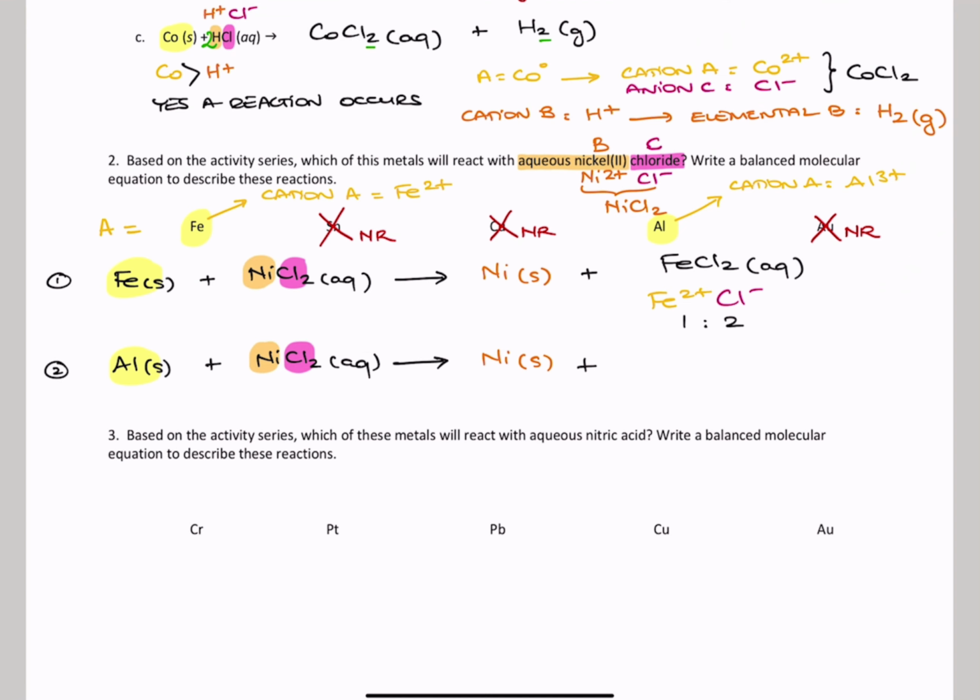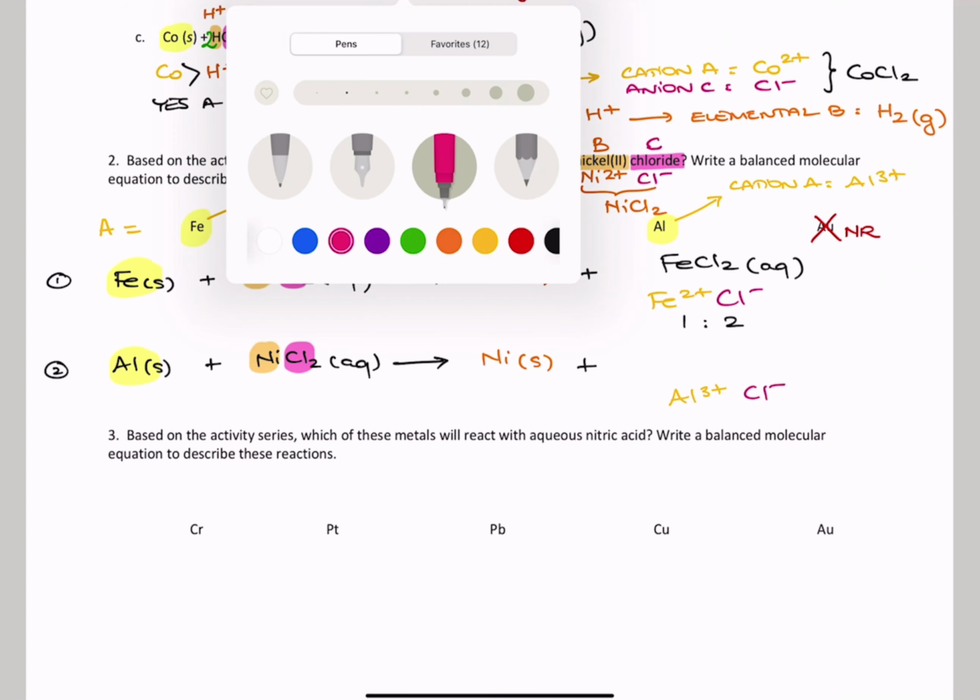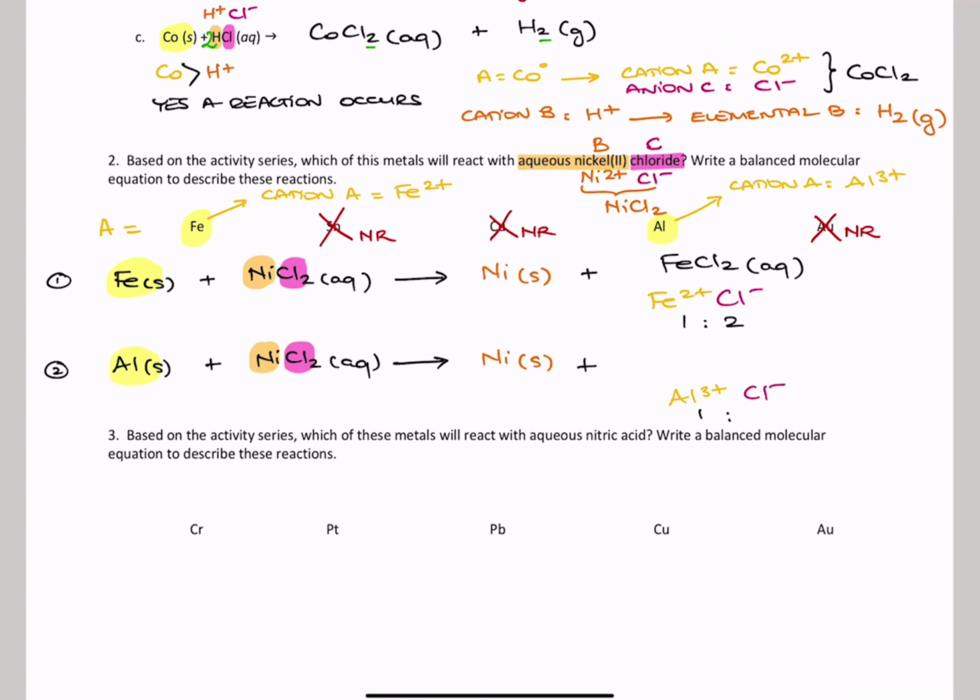For reaction 2, we will combine Al3+ this time with Cl-, the anion C, and in a 1:3 ratio, we will form AlCl3 aqueous. Okay, so we have our products, but now we still need to balance, don't forget.